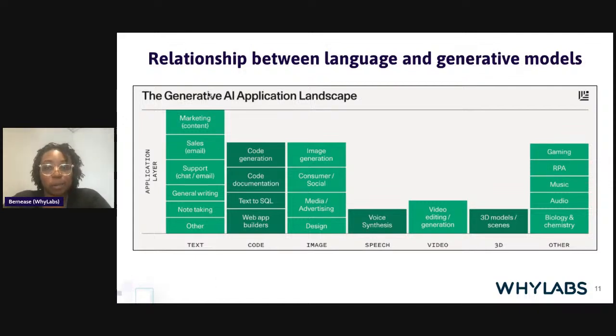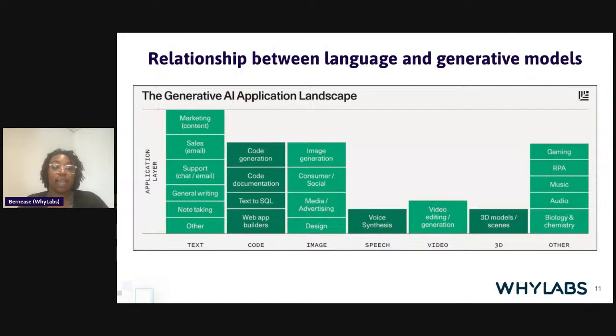But I think it's worth mentioning because, even though we have this conversation about LLMs or about text specifically, there's a strong relationship between language and what we often mean when we're talking about many issues and tracking, and that is generative AI more broadly.